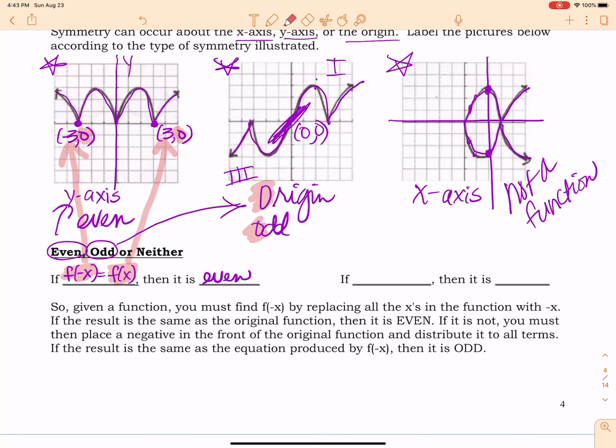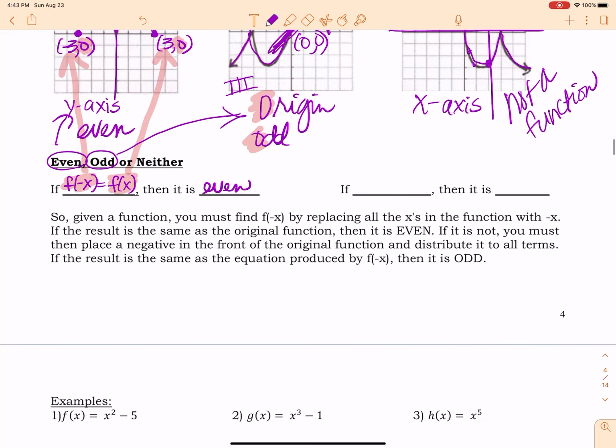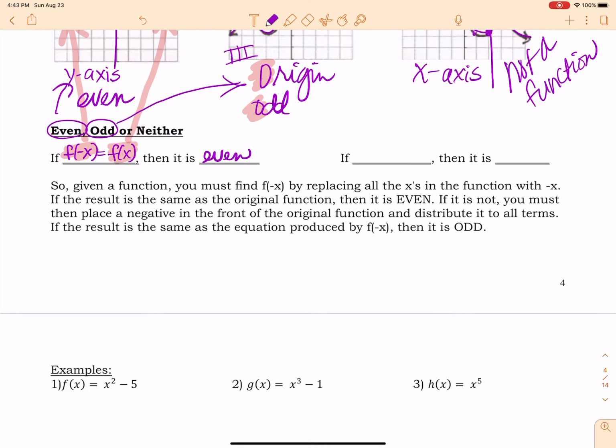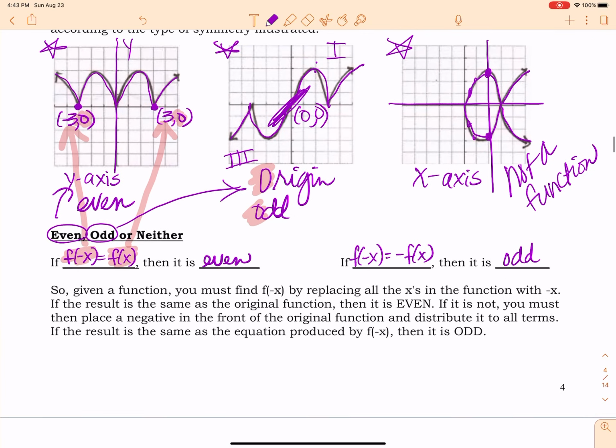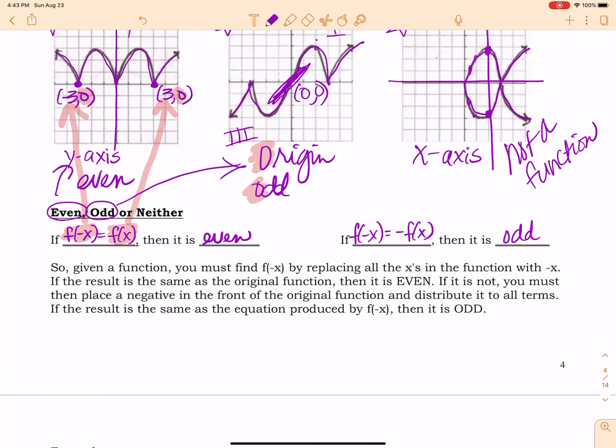Magic. Okay, now the other rule is about it being odd. So if f of negative x equals negative f of x, then it's said to be odd. Okay, but can we look at that same issue in this graph? Well, let's look at it. We've got this ordered pair again, 3, 0, negative 3, 0.